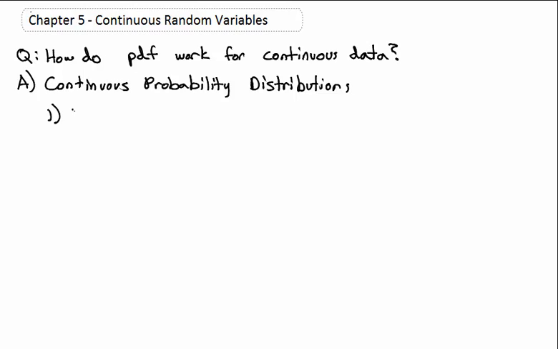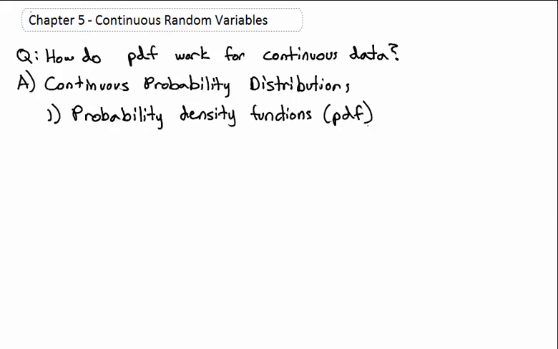PDFs with continuous functions are thought of as probability density functions. And you might have noticed in Chapter 4 several times I said density by accident instead of distribution, because they both have the same abbreviation of PDF.